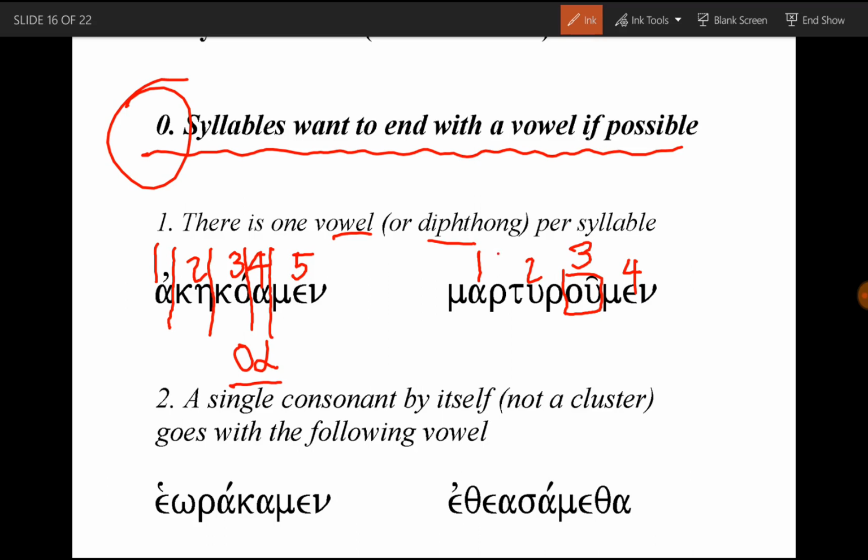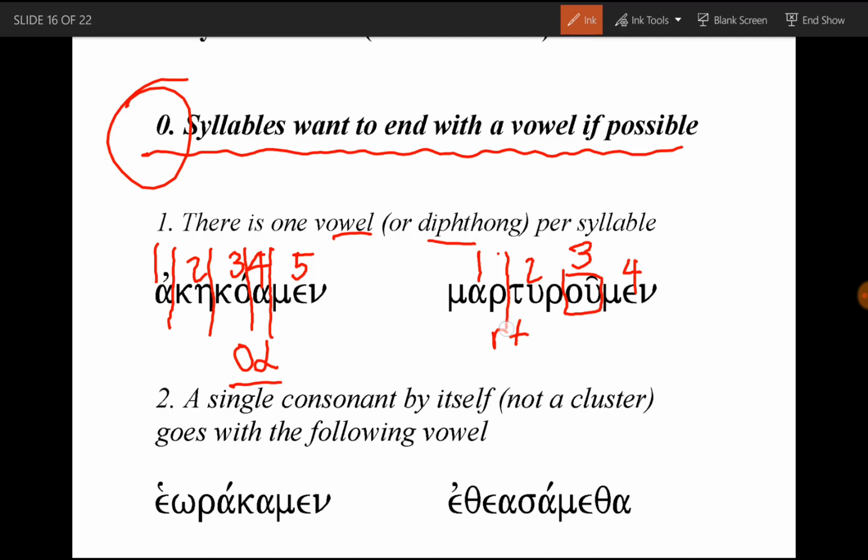The way I would divide it: I'm tempted to break the syllable up after the alpha, but you have an rho-tau here, and that is not a consonant cluster. I don't know any word in English that begins with an R sounding letter and T sounding letter, so they have to be pronounced separately.